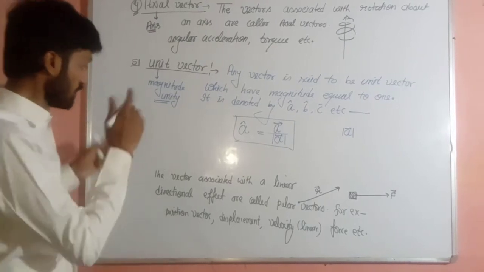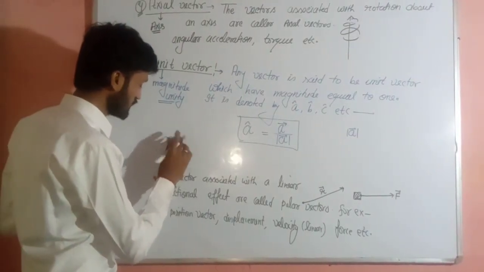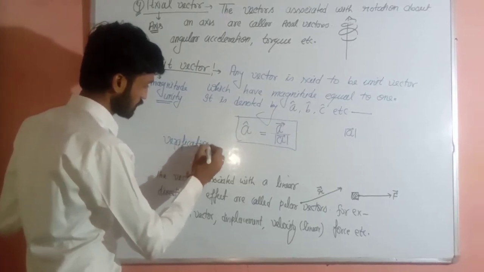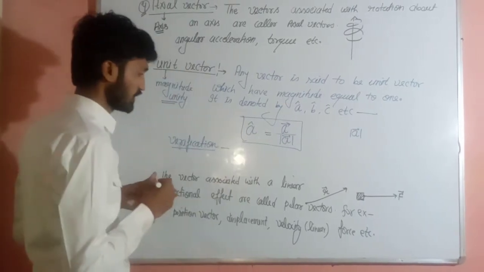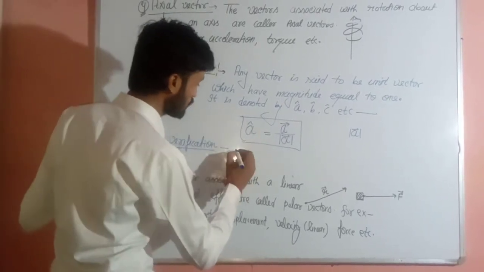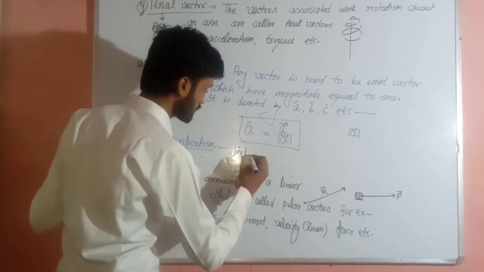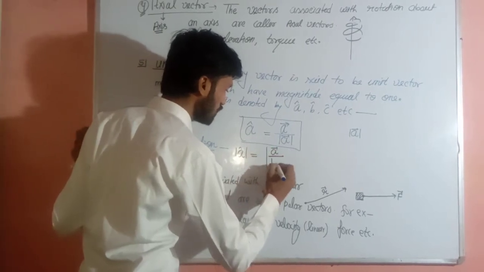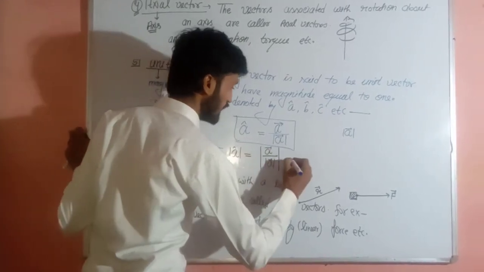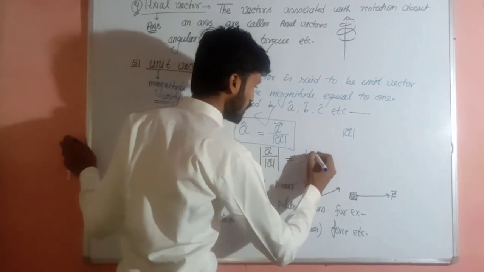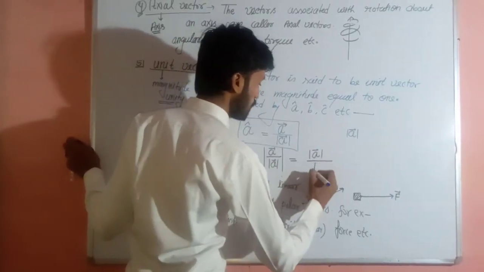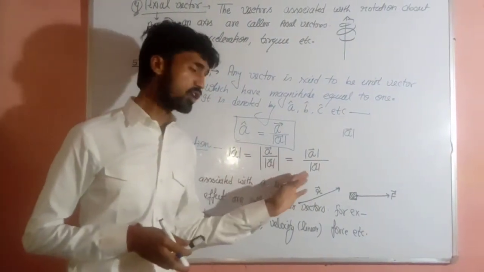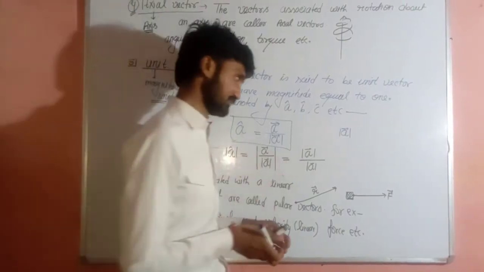Okay, see the verification. If we take the magnitude of the unit vector A cap, that is the magnitude of vector A by mod of vector A, this will be equal to mod of vector A divided by mod of vector A. And you know very well, taking mod twice of any vector quantity gives the same result.